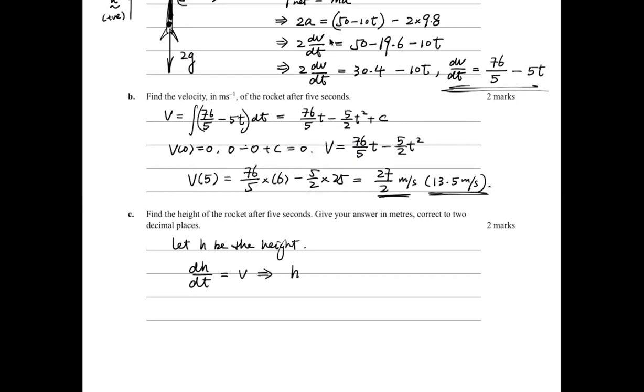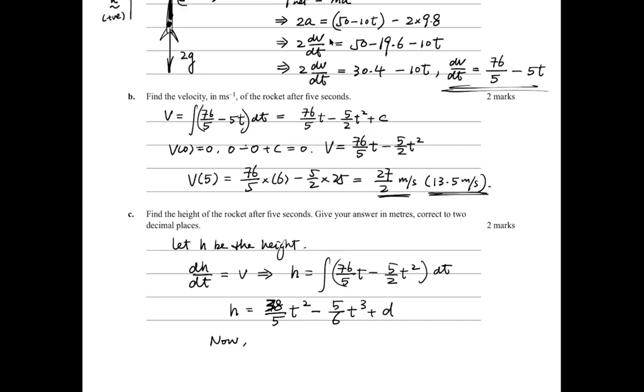This gives you h equals the integral of 76 over 5 t minus 5 on 2 t squared. Don't forget your dt, okay? So h will be 38 divided by 5 t squared minus 5 on 6 t to the power of 3 plus d, okay?